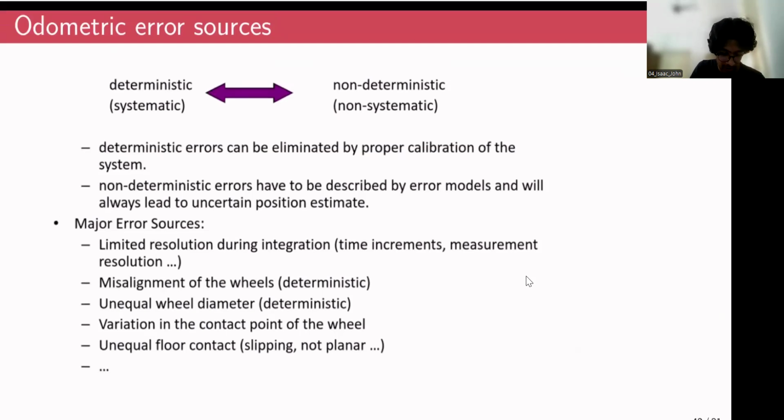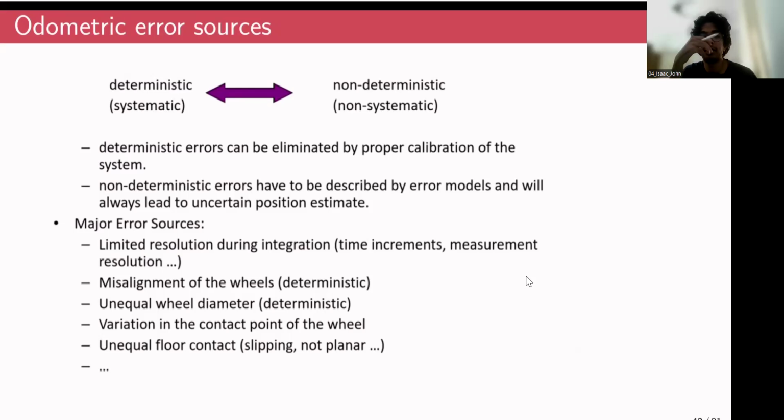And the major error sources are limited resolution during integration. So most often, we will deal with the higher order terms. Mostly, from accelerometers, we receive accelerations, right?